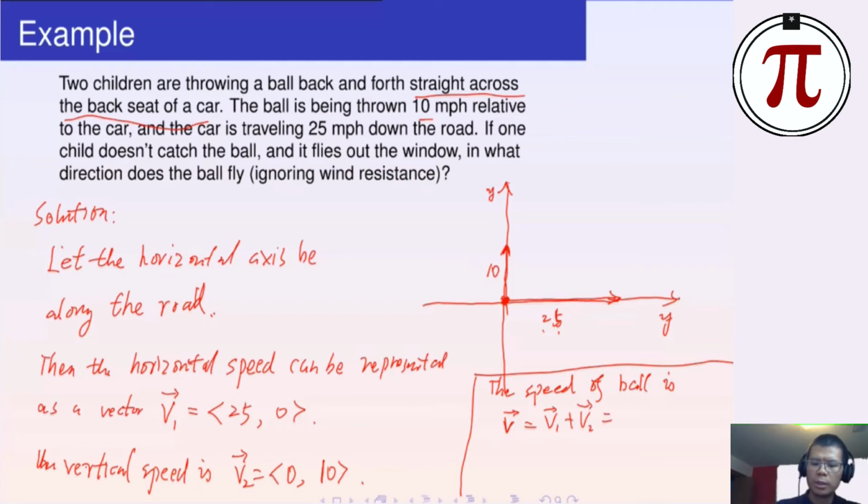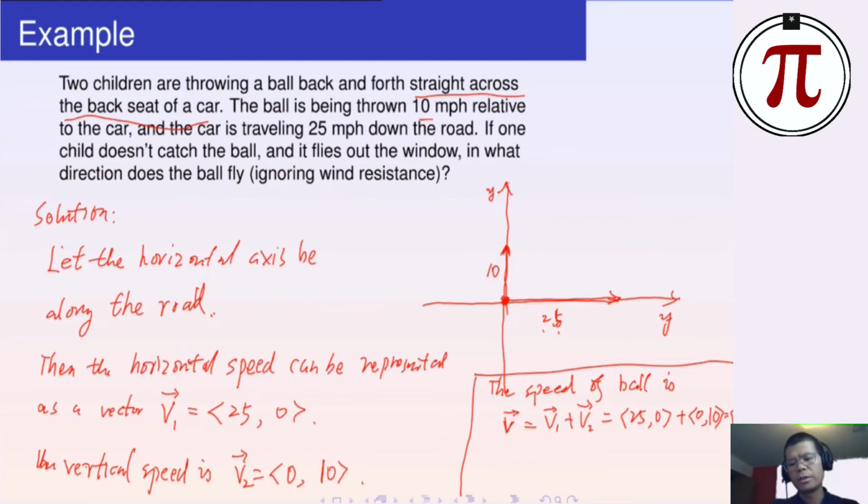Okay, equals what? 25, 0 plus 0, 10. That is 25, 10. Right, 25, 10. Okay, so now can you determine the direction of this one?